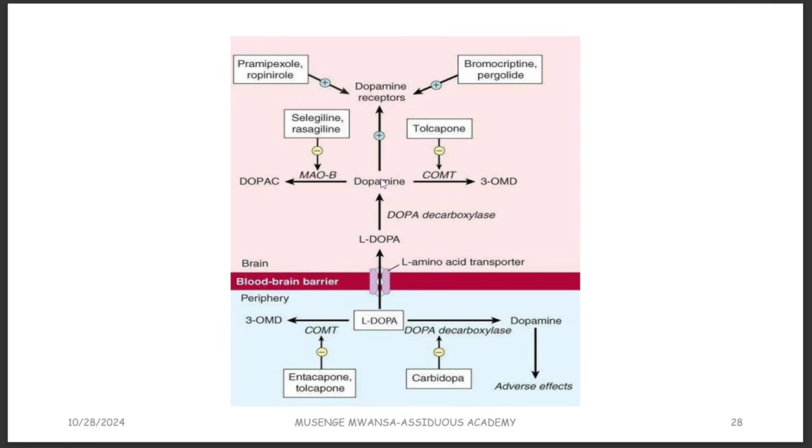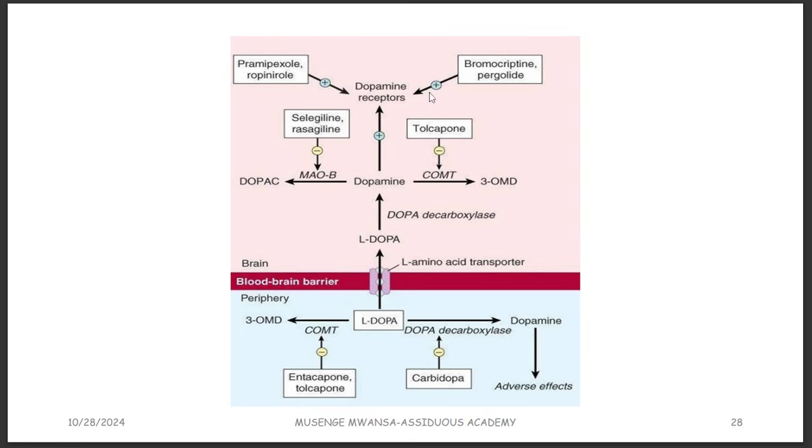And then in the central nervous system, you have got your dopamine. This dopamine can also be broken down by MAO-B to its products once it has been converted. So you also want to inhibit dopamine from being converted to its metabolites before it can work, using the MAO-B inhibitors like selegiline and rasagiline.